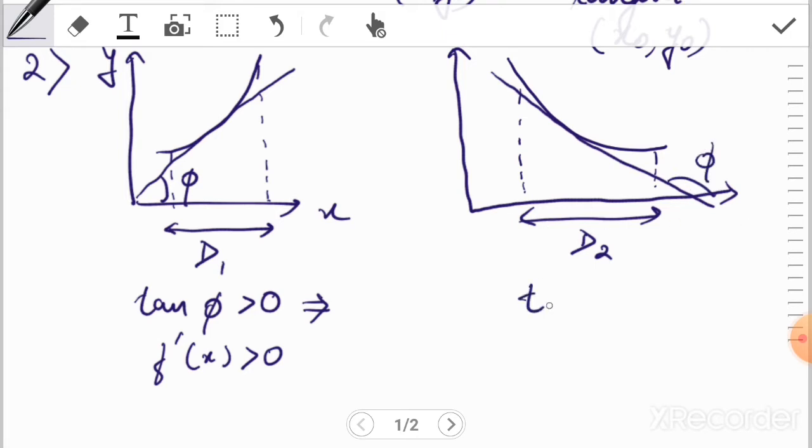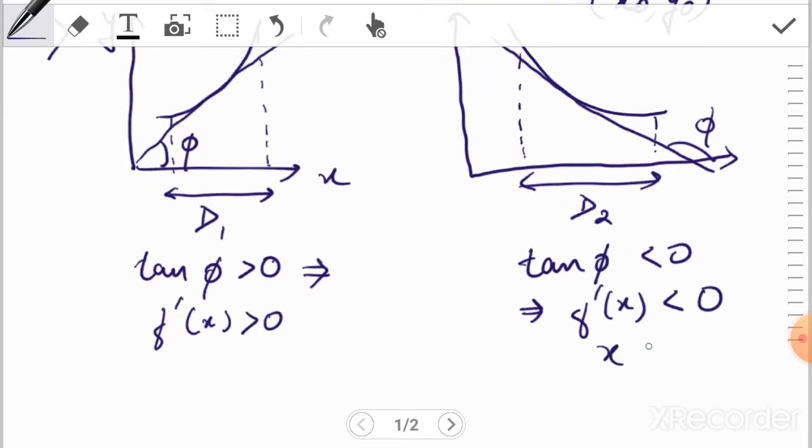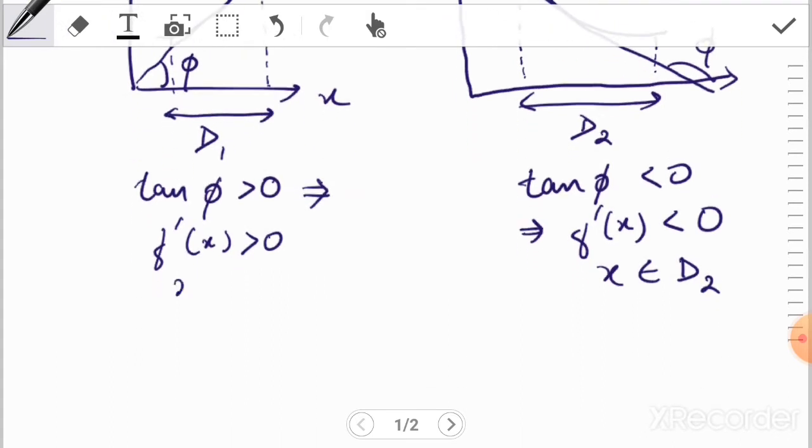That means tan phi is less than 0, so f dash x is less than 0 for all x in domain D2, right?